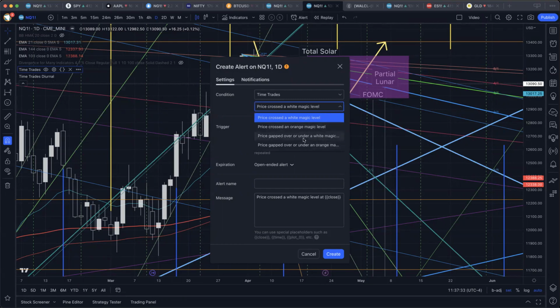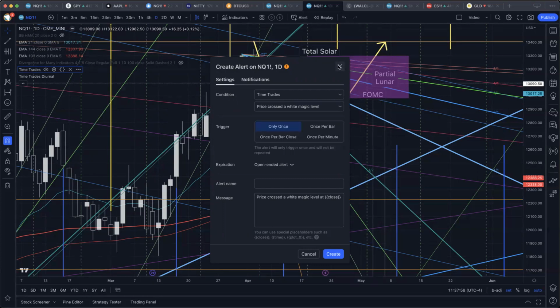So you can choose to be alerted only on gaps over white or orange magic levels as well. That is a powerful new feature. It integrates into the existing alerting engine on TradingView, so you can choose to get alerts on your mobile device. That is a very nice little upgrade.